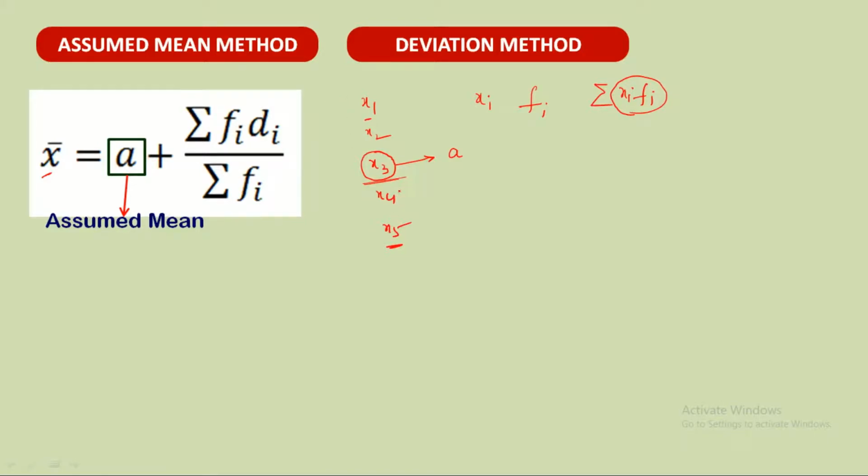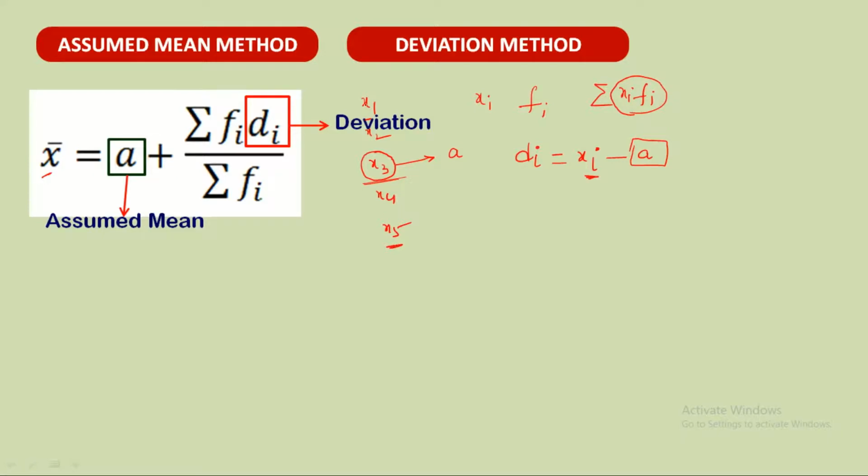Then we have this letter d, which is called the deviation. This deviation is denoted by di, which is calculated as xi minus a, where a is our assumed value and xi is the class mark of the given class interval.